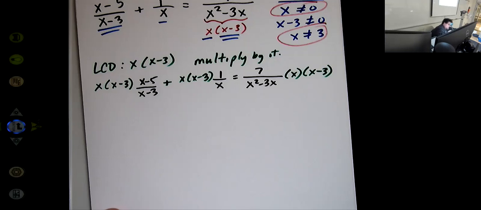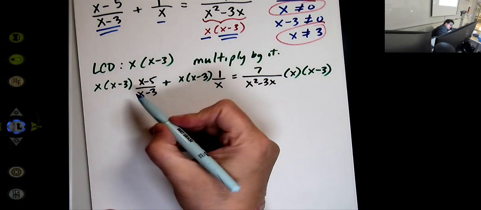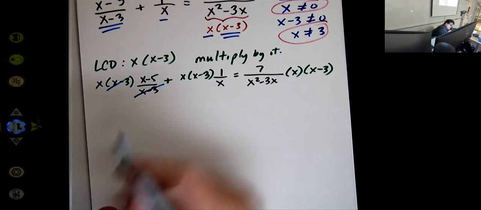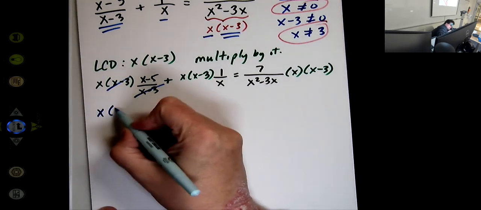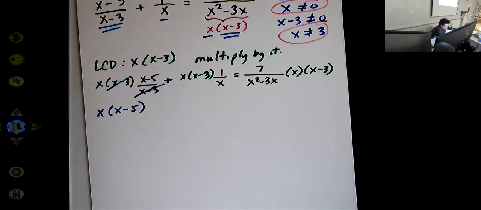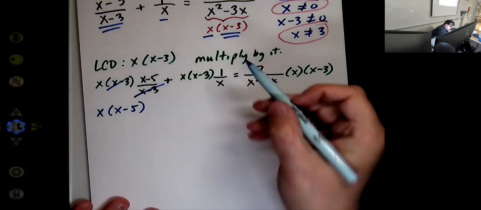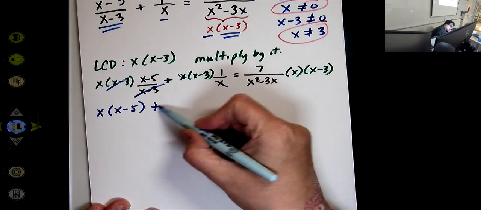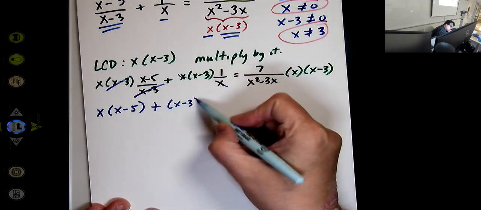All right, so we start canceling. This x minus 3 cancels that x minus 3. And that first term is just x times x minus 5. On the next one, the x's cancel. And I'm left with x minus 3 times 1.